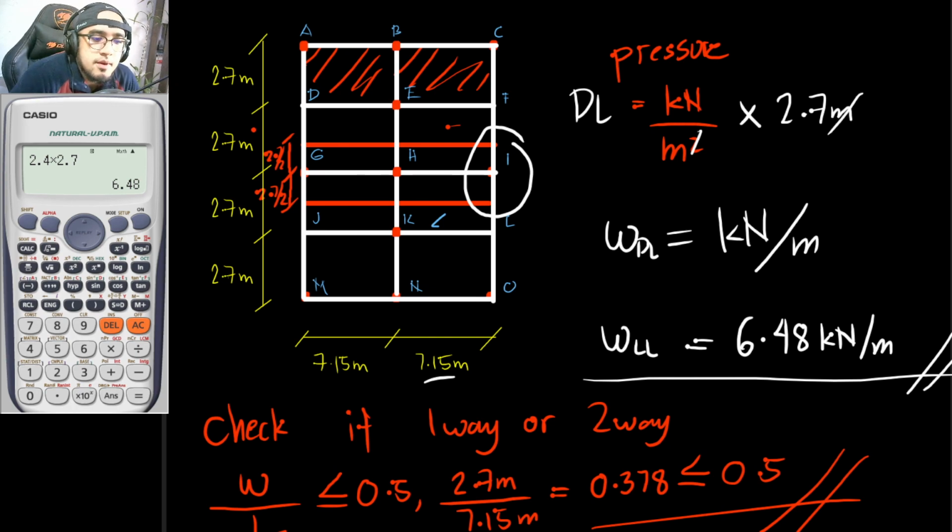Chandni, nariyan ka ba? Yes, sir. Understood. Okay, very good. Frederick, understood? Yes, sir. Wilmel, understood? Yes, sir. Okay, very good. Nemius, understood? Yes, sir. Okay, very good.